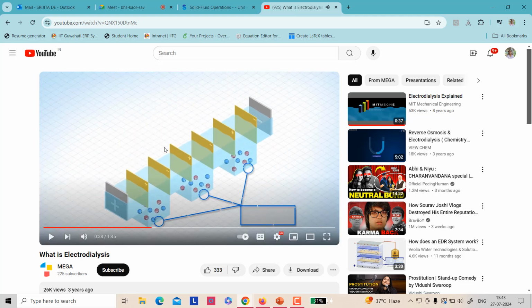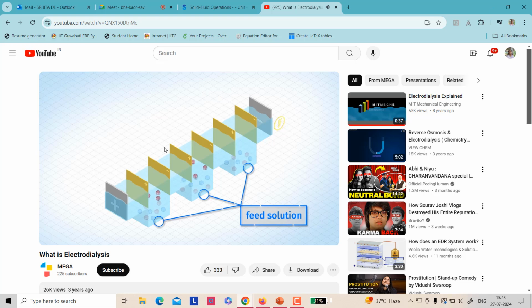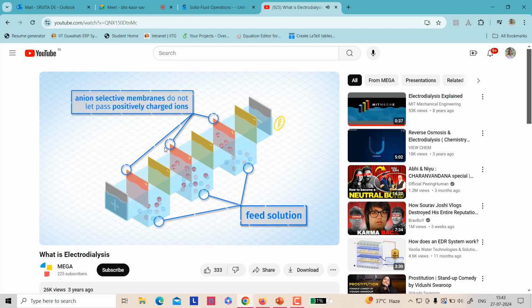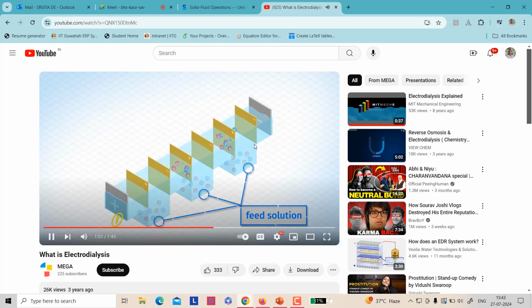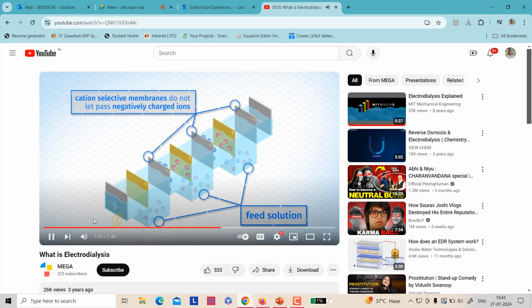So now they are creating multiple this type of separation. You can see that these anion selective membranes do not let pass the positively charged ions, and similarly the cation selective membranes do not let pass the negatively charged ions, and that is how they are separated in the plate.